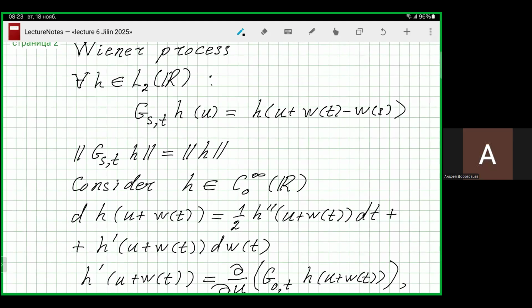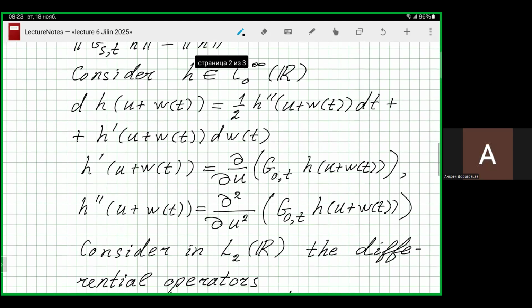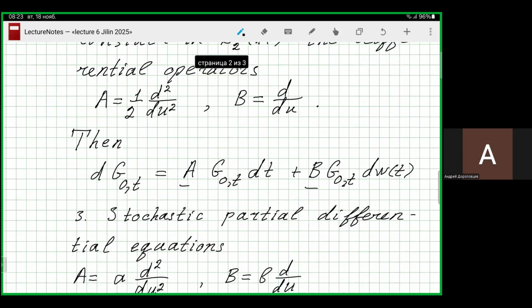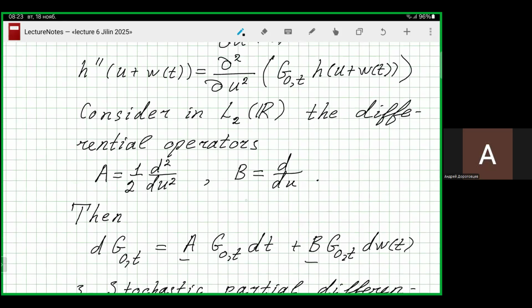In this case, one can see that here we get the following coefficient. Let me write here formally 1, and here we also have 1. But these coefficients are connected now.